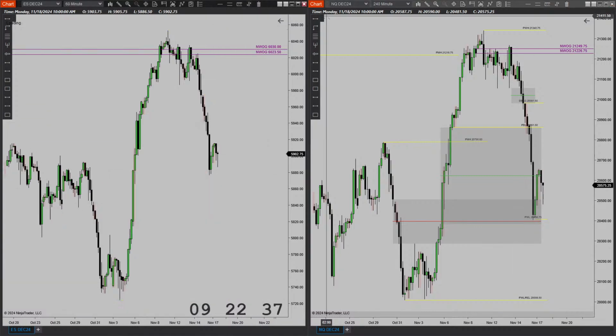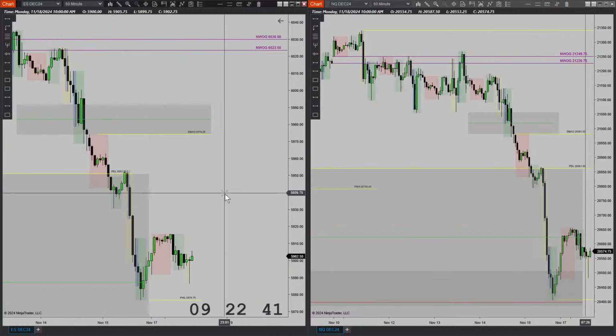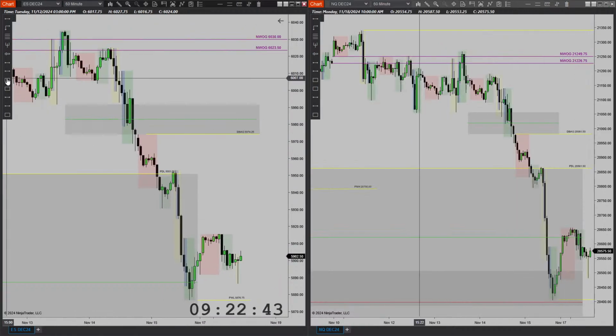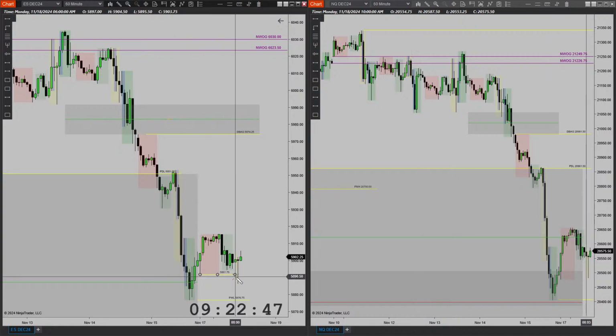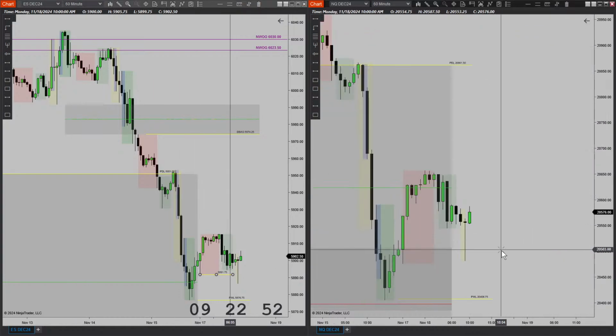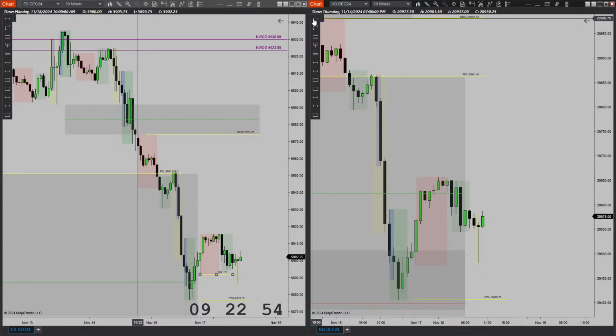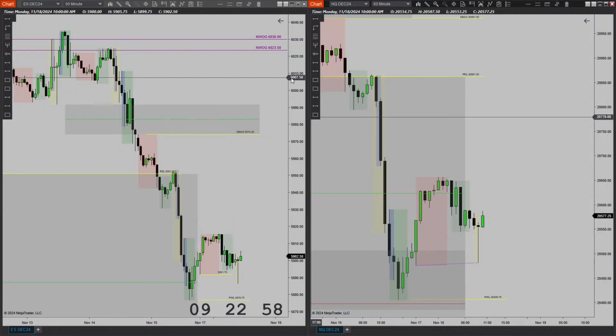Let's take a look at the 60-minute. So we swept south side here, which is Asia low. Here we haven't yet. SMT.